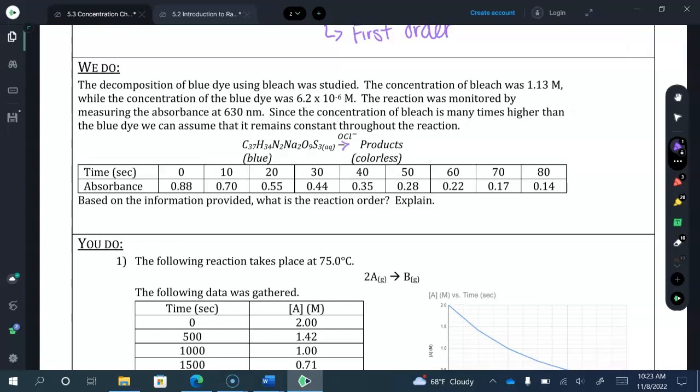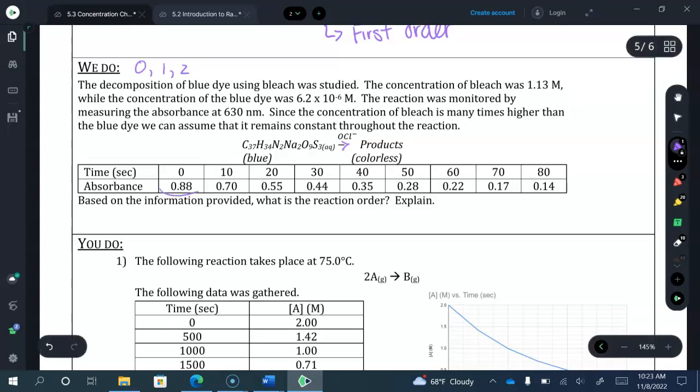Okay. Based on the information provided, what is the reaction order? Explain. So for this one, you could graph it, and if you have a graphing calculator, this is where they come in big handy. However, we also know that half-life plays a part in the types, and you're only going to be asked for zero, first, or second. So you have to determine which one it is.